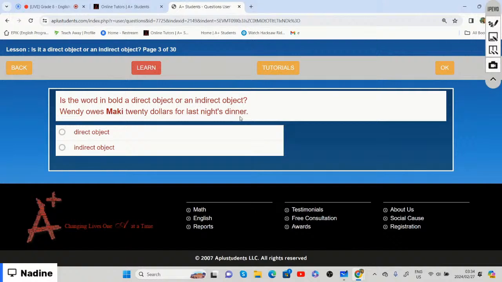If you ask this question, does it tell you whom or what it is acting on? And remember, we said with an indirect object, it is in between a verb as well as the direct object.